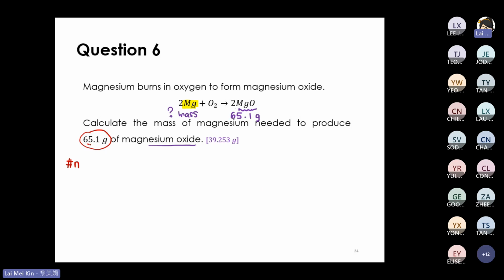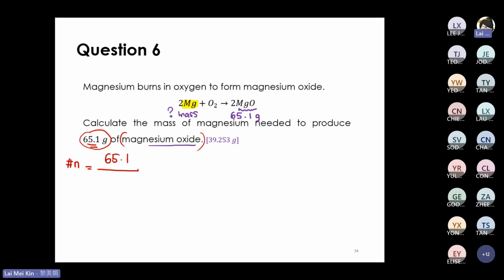Magnesium oxide, you have the mass and you know the identity. If you have the mass and you know the chemical formula of the compound, you will be able to find the number of mole, because number of mole is mass over molar mass. You have the mass, you know the formula, then you can find the number of mole.